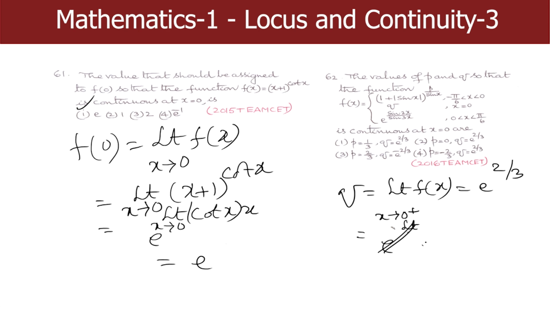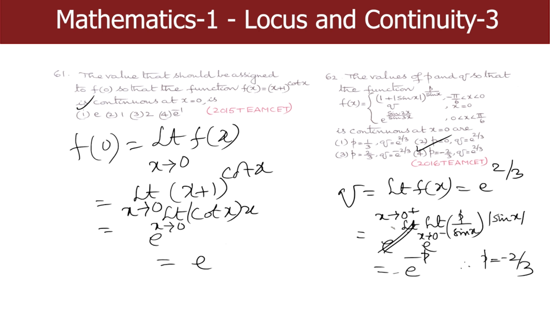Or you can also write it as e to the power of limit x tends to 0 of p by sin x into f(x) minus 1, that is the mod sin x. But you know, mod sin x is same as minus sin x whenever x tends to 0 through negative values. So, this is equal to e to the power of minus p. So, therefore, p equal to minus 2 by 3 and q equal to e power 2 by 3. So, therefore, the fourth option, that is the last option, is the correct option, 2016 EAPCET.